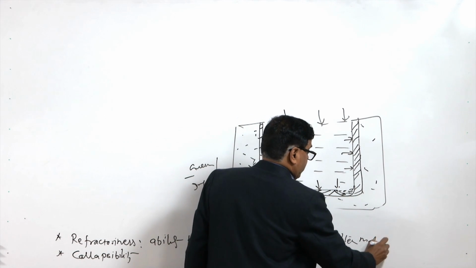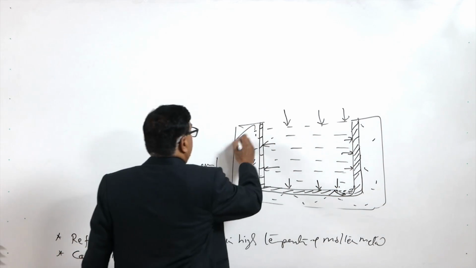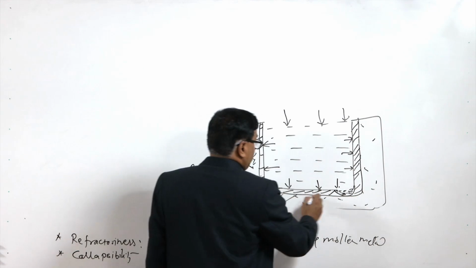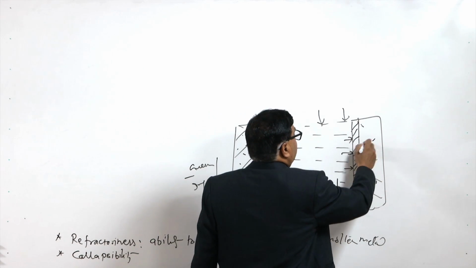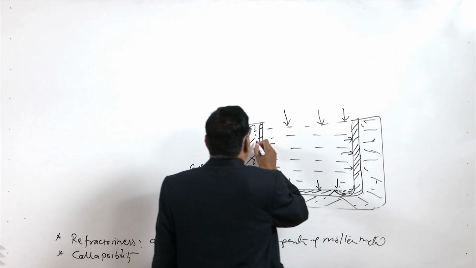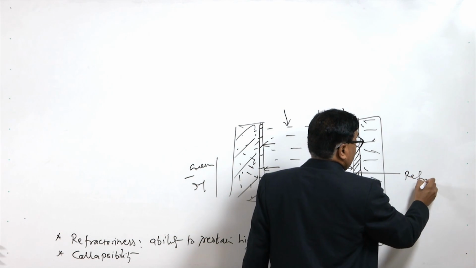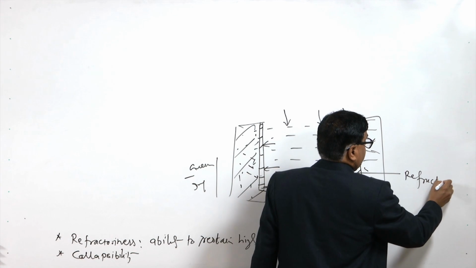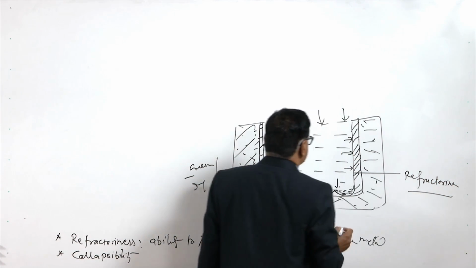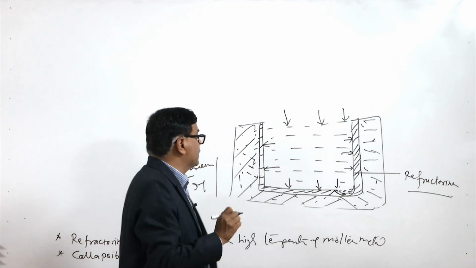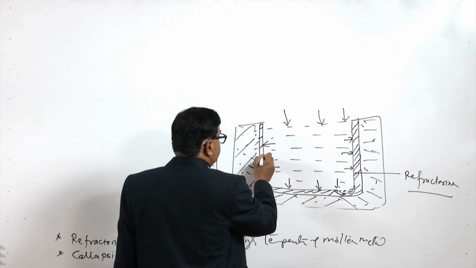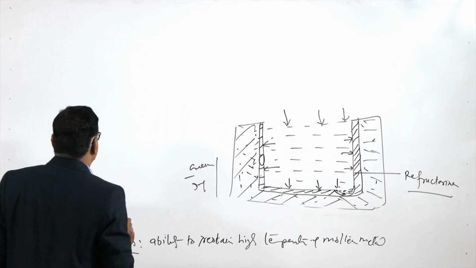If this is a mold prepared of sand, and if the skin of the sand mold does not have the required refractoriness, in that case it will start fusing as soon as it comes in contact with the molten metal.